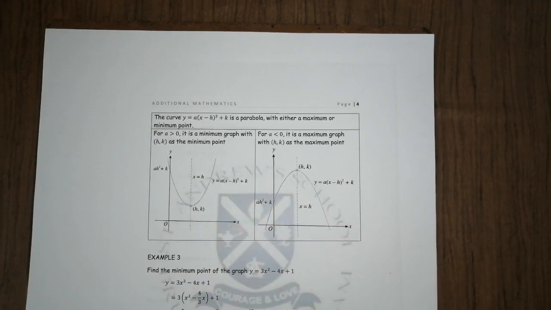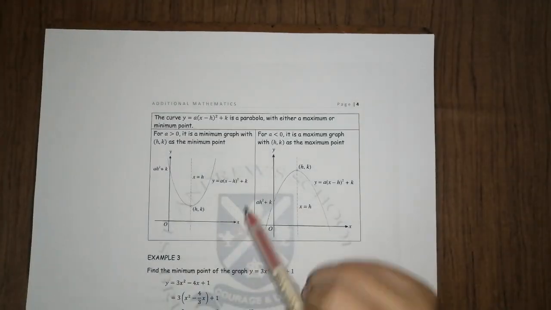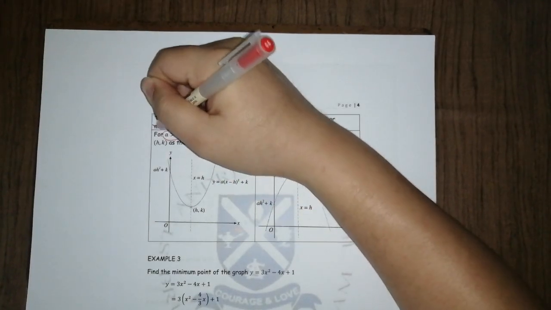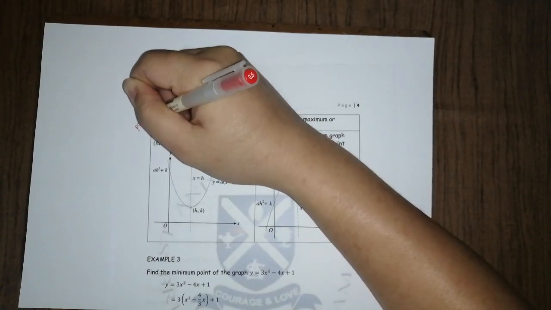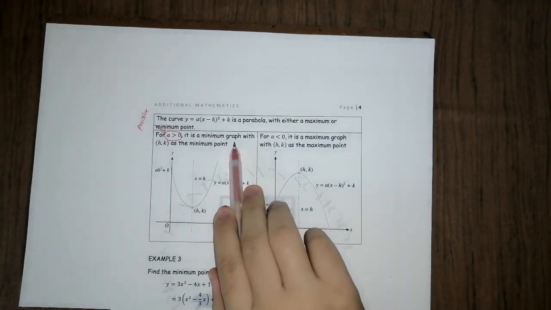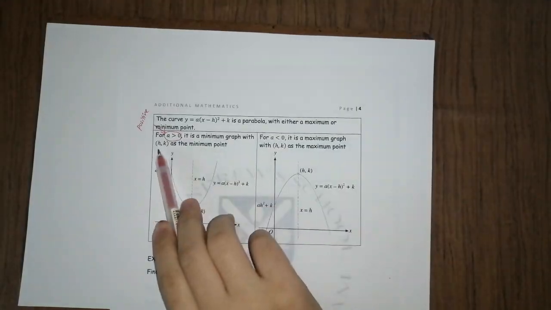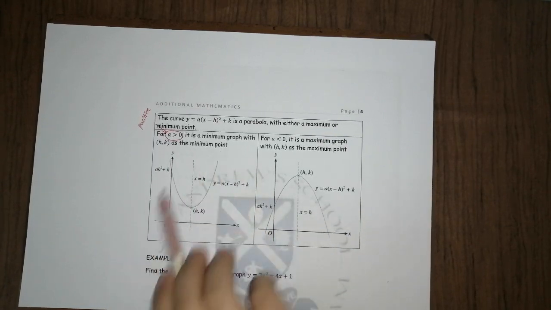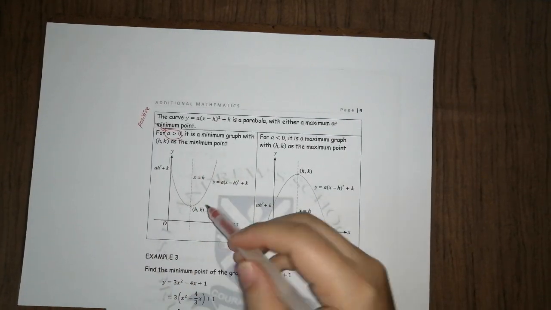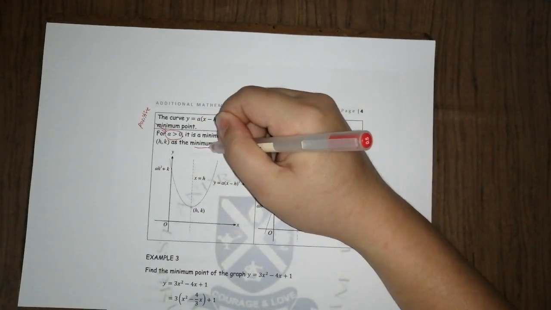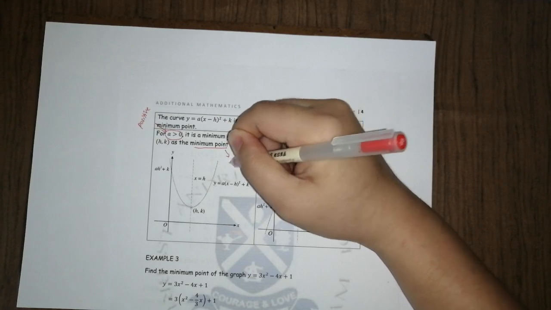From the previous 6 graphs, we say that if a is greater than 0, which means a is positive, then we have a minimum graph with the point (h, k) as the minimum point. Why is that a minimum point? Because that will be the lowest point.